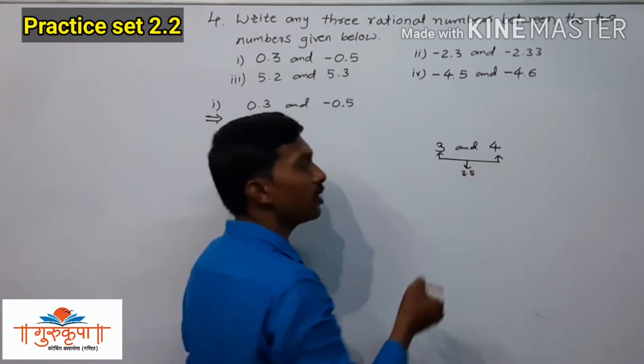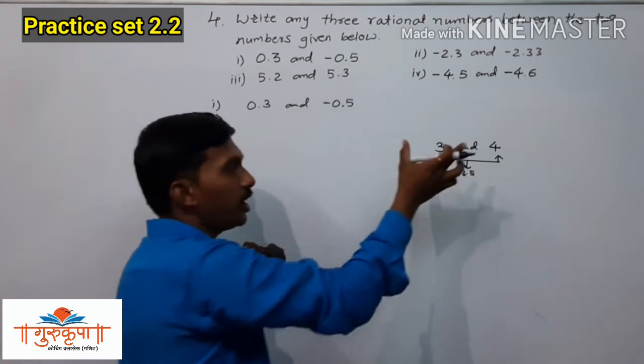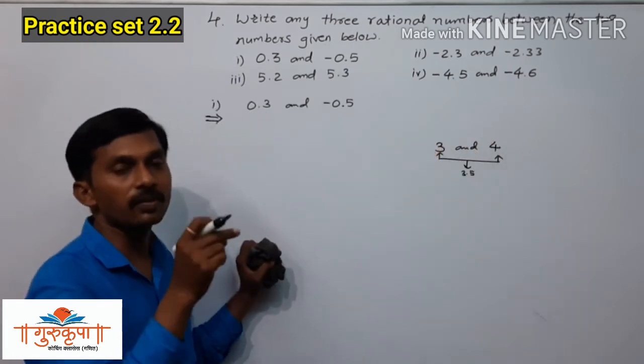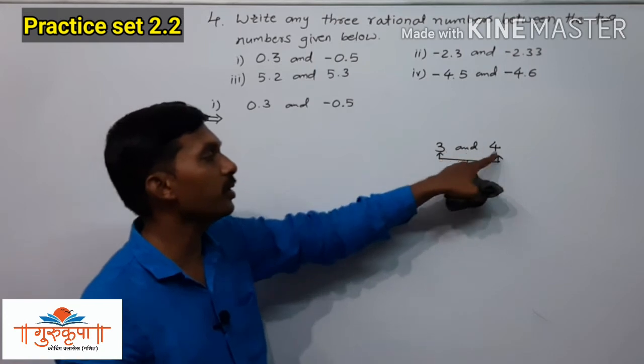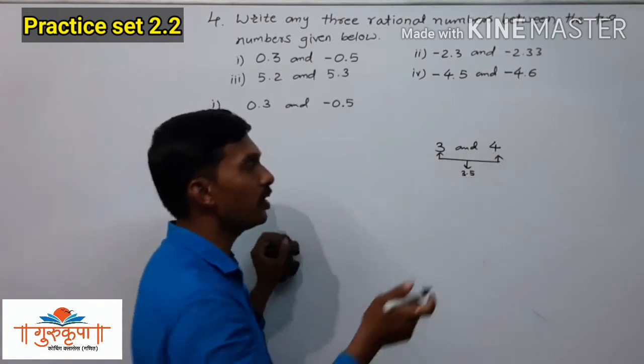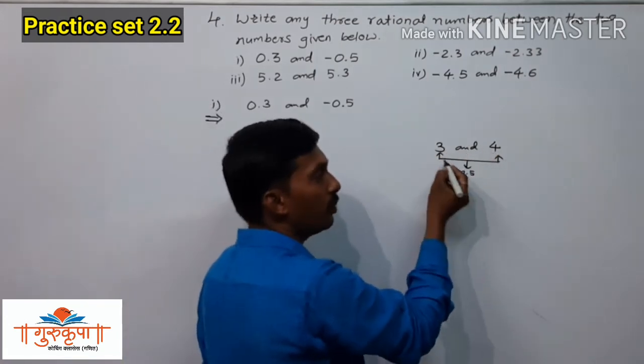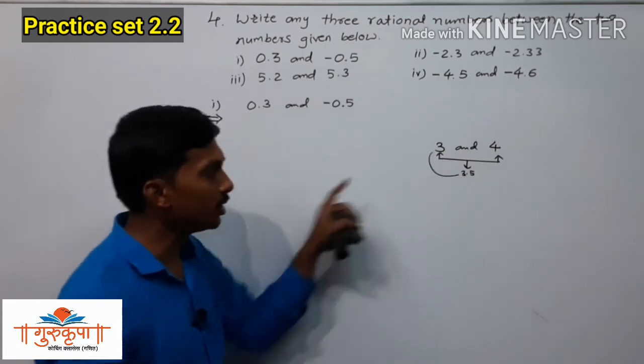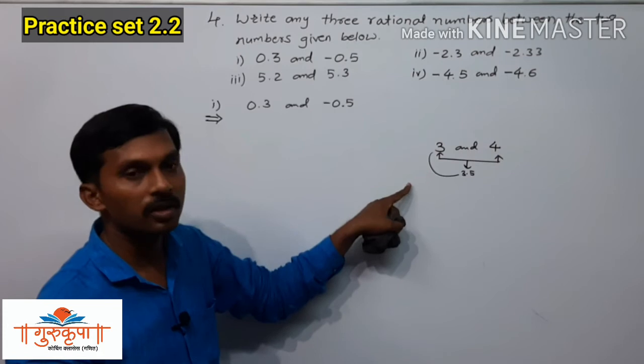How do we get that number? Adding these two, 3 and 4, and dividing the sum by 2, we get the number between them. Now here we get one number only. Between these two we will get one more number.